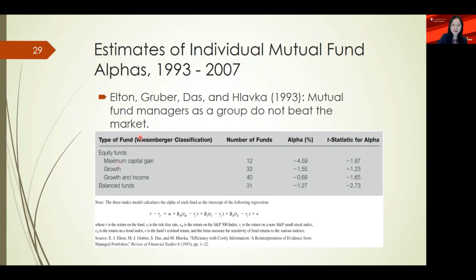We have here a study from 1993, and this kind of study has been repeated by many studies, but in general, you don't see positive and significant alphas for mutual funds. In general, they tend to have negative alpha because once you account for the fee, a group of mutual funds may have negative alpha.